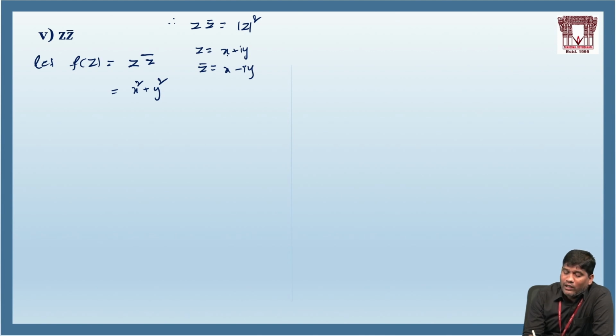You know, (a plus b) into (a minus b) is a square minus b square, so that here z into z bar is x square minus (iy) square, which is minus of minus y square, plus y square, so that we get here x square plus y square. It does not contain an imaginary part, so we can write i times 0.